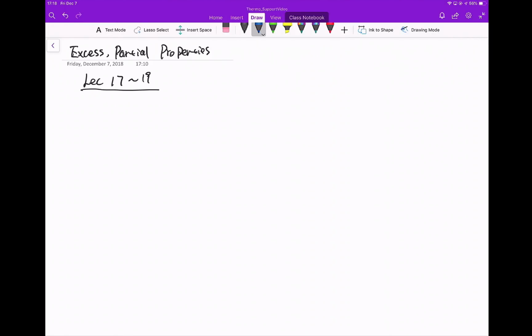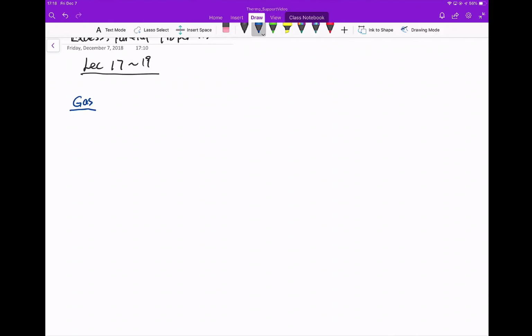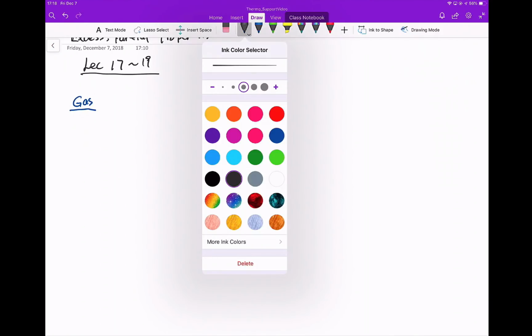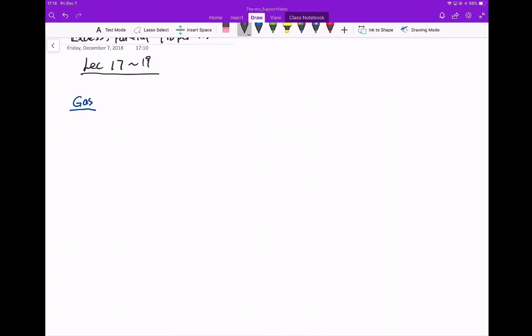Let's try to recall what we discussed for gas. For gas, in order to see the difference between real and ideal, we define a residual property.